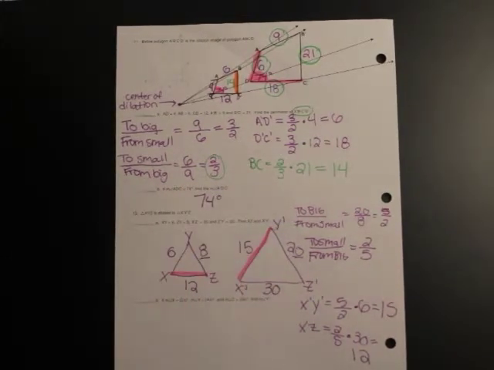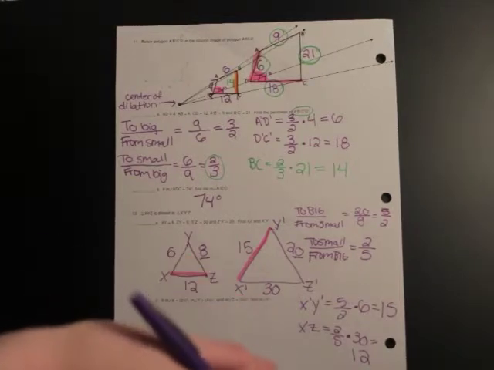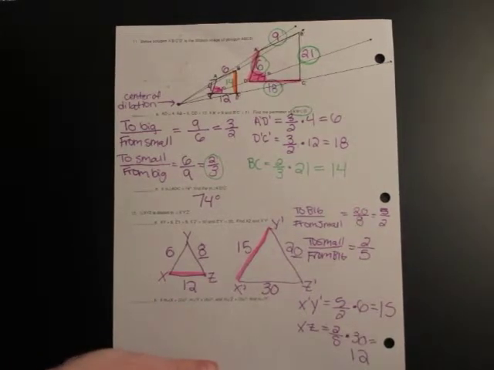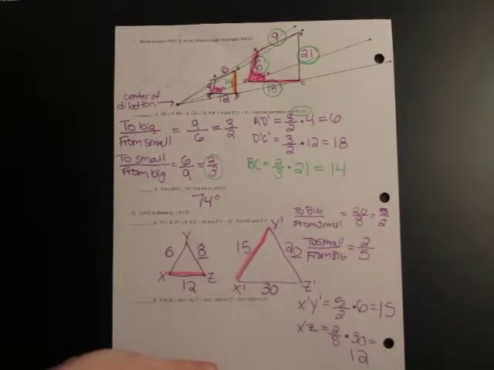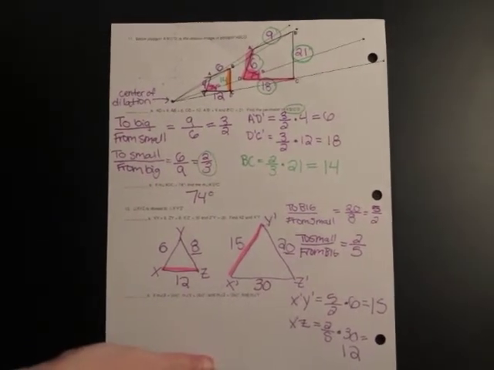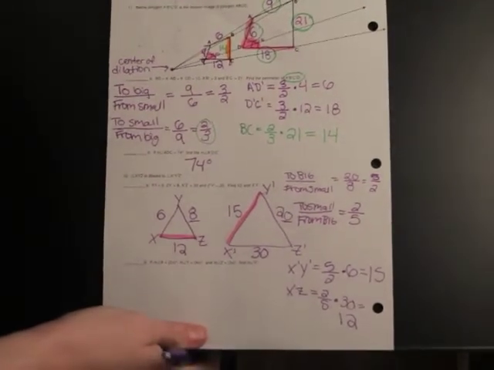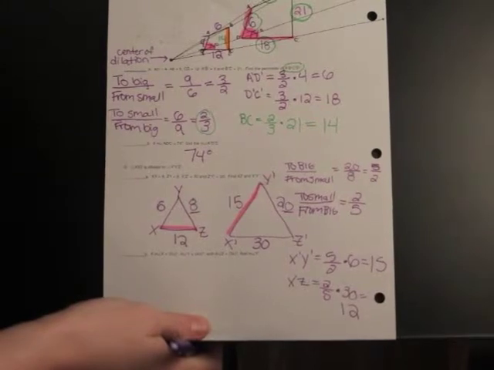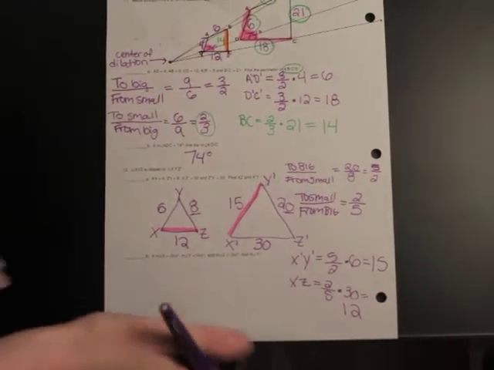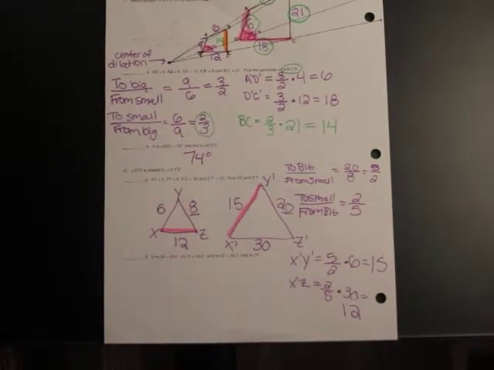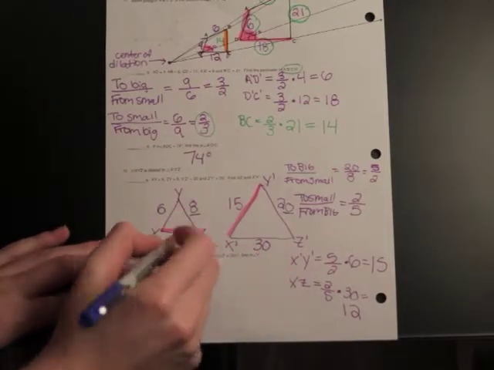Alright, awesome. We're going to finish it up by doing some angle stuff right here. Hold up, I'm going to move this up for a second. Alright. Down here at the bottom, it says that the measure of angle X, let me grab a different color, measure of angle X is 2x.